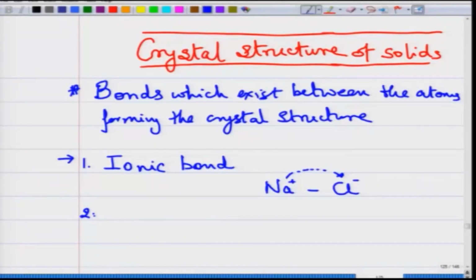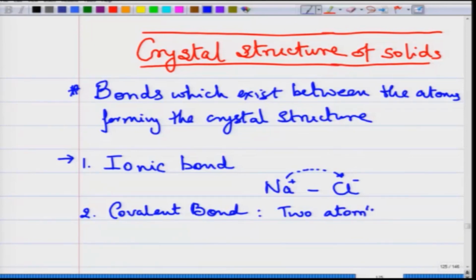The second and very popular and well known class of bonds is the covalent bond. This is where two atoms share electrons equally between them.